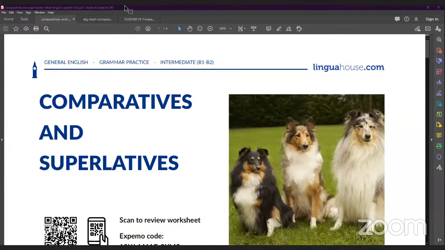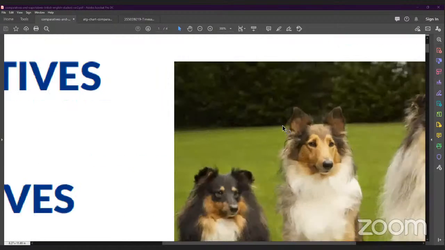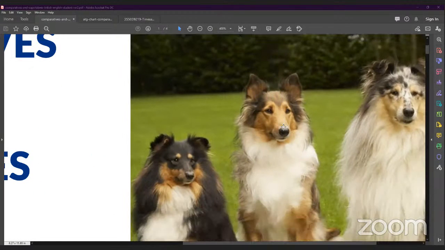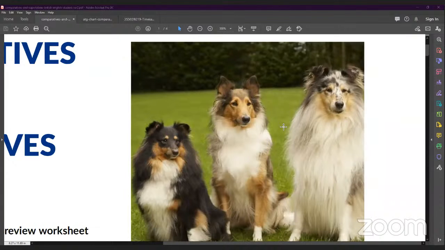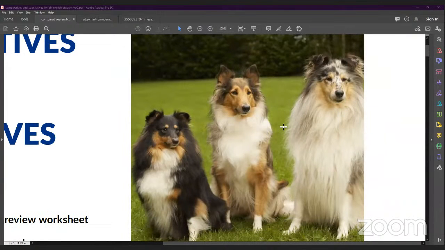Okay, guys, so in this new worksheet, we're going to practice comparative and superlative. As you can see, we have a picture, a nice one, of 3 little dogs. I want you to tell me adjectives for these 3 dogs.